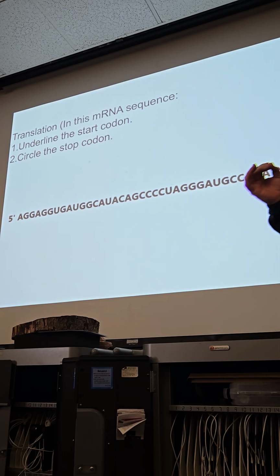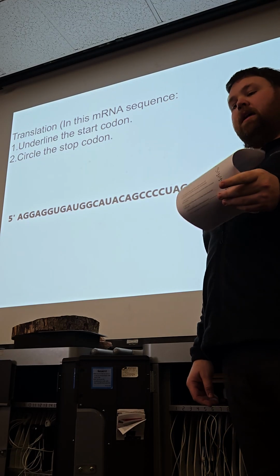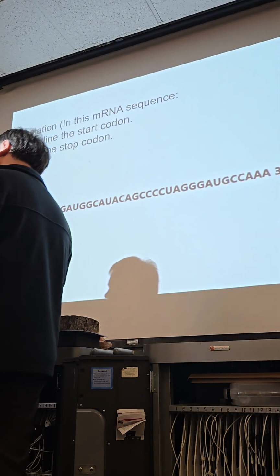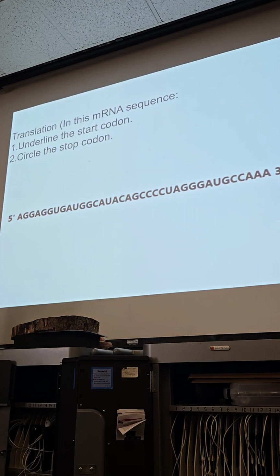You went from CAC to CAU. Your wild type is CAC. Your mutant allele is CAU. What has happened? A mutation. What's happened? I think a mutation.